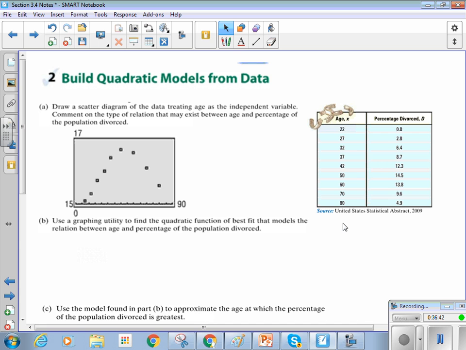So when you look at your data, does this data look pretty quadratic? Yeah, looks pretty quadratic. We're going to use a graphing utility, and I'm actually going to use an online calculating site to find the quadratic function of best fit that models the relationship between age and percent of the population.